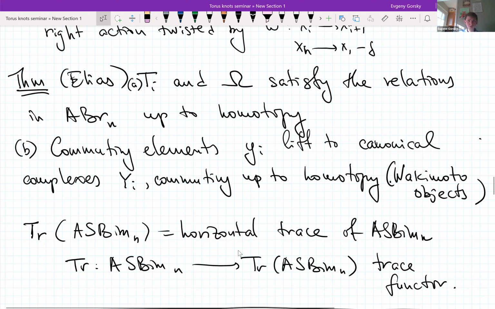If you were at Ina's talk on Monday, she defined this quite carefully. Otherwise, the reference is Beliakova, Habiro, Lauda, and Živković.